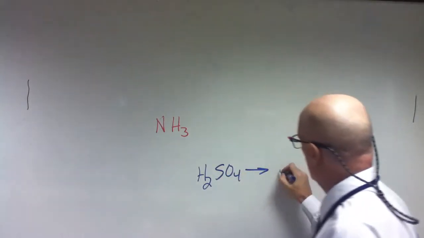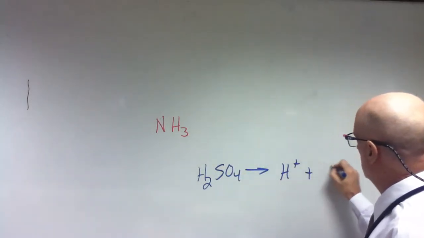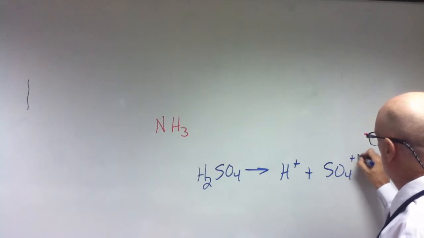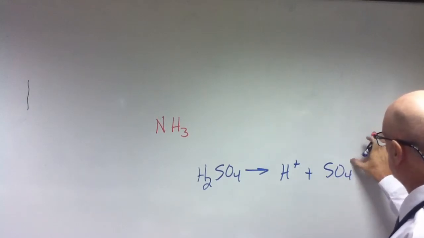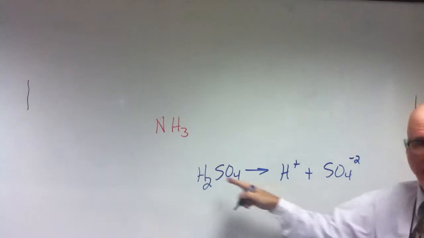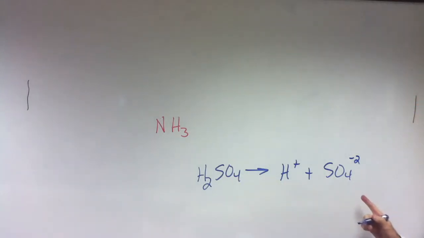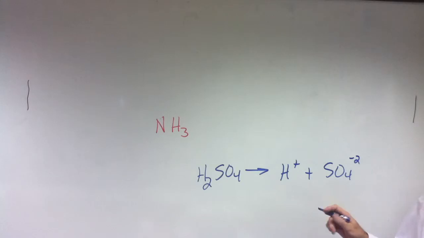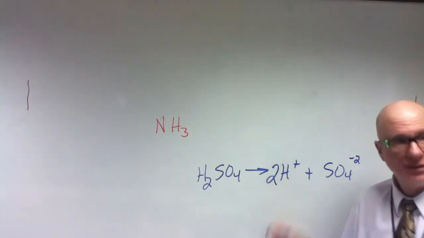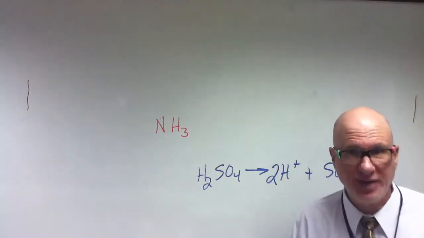H2SO4 goes to H plus SO4. Is this balanced? What do you need to put in there? A 2 here, correct? You got to put a 2 there.